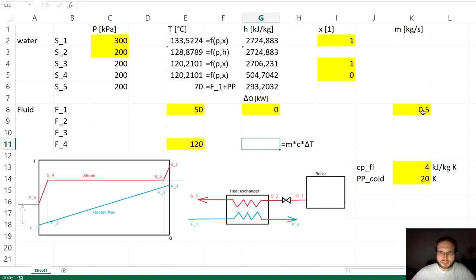So we do have the mass flow rate, we do have the specific heat capacity, and the temperature difference, we have the temperature at the inlet as well as the temperature at the outlet. So M times C times delta T. So the overall transferred heat is 140 kilowatts.